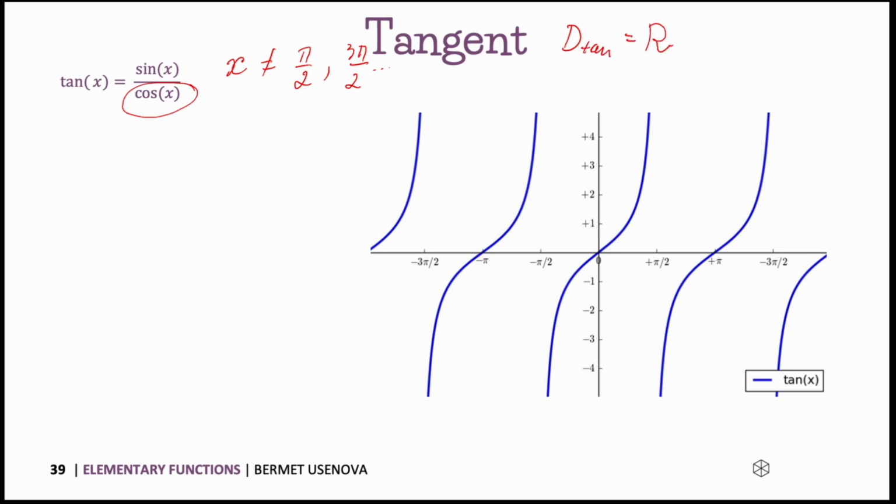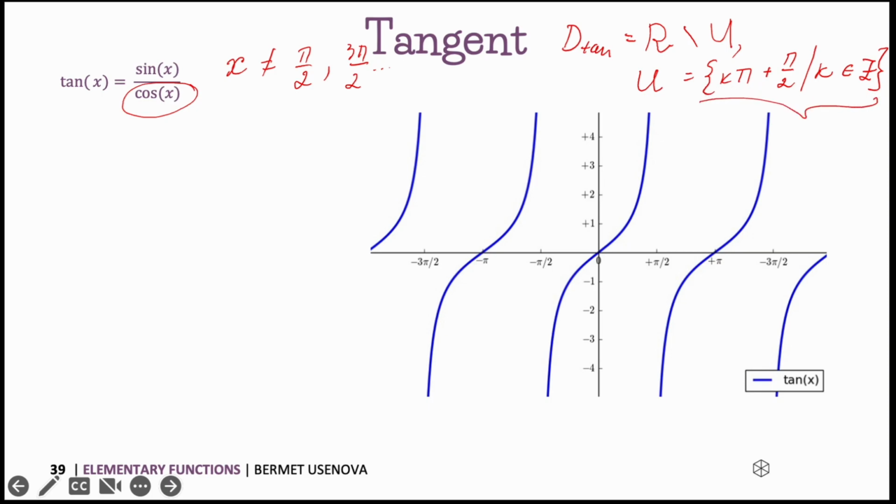We have all real numbers except u, where we define u as k pi plus half pi for all integers k. Because here is a radian where cosine x will equal 0, and we don't want that.